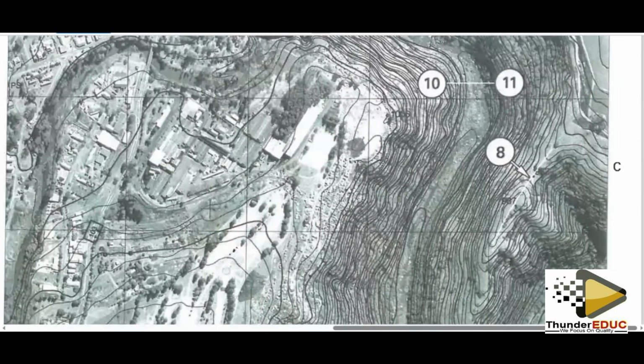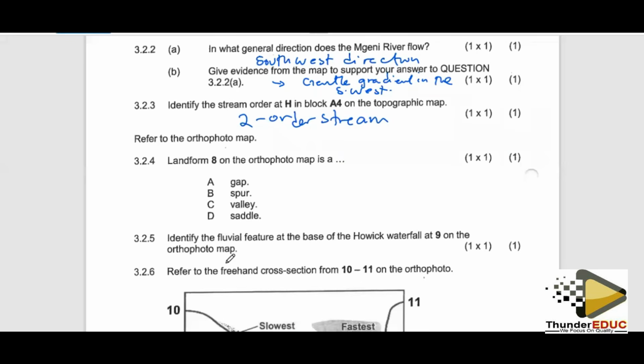Okay, landform 8, you can see contour lines steep on either sides. The second option is here, which could be either a spur. So it could be a spur or it could be a saddle.